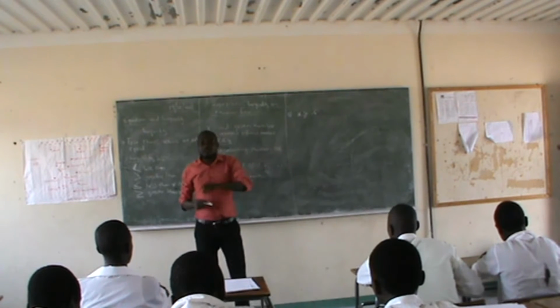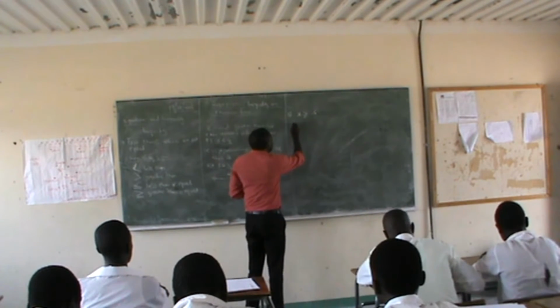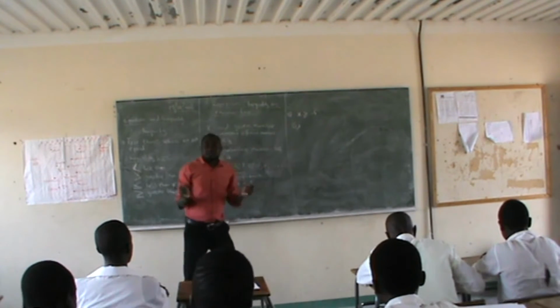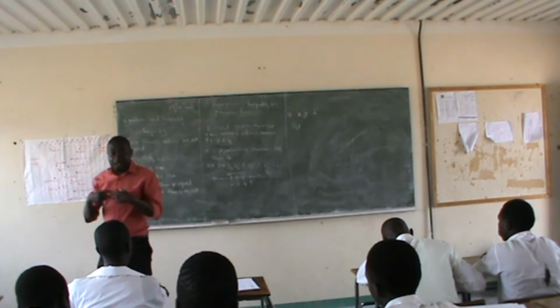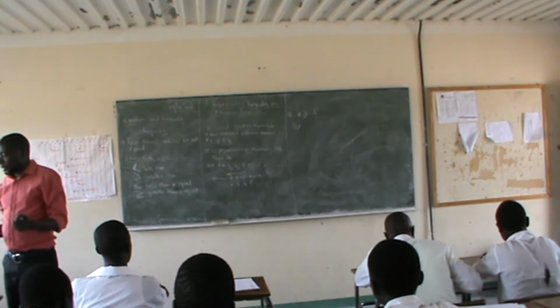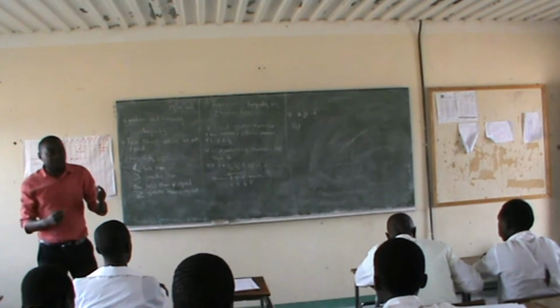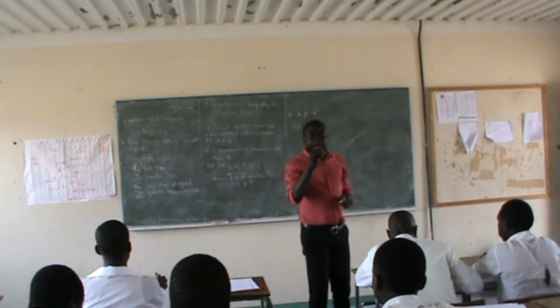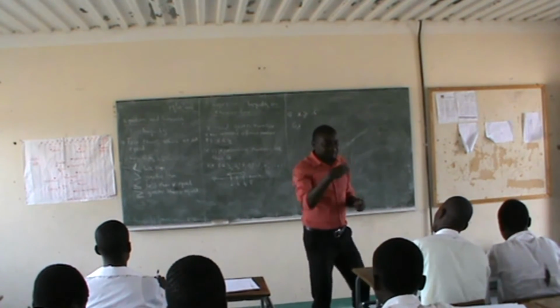What we have to do is we try to list these numbers. Can we try to list the numbers which are greater than -6? Numbers bigger than -6.